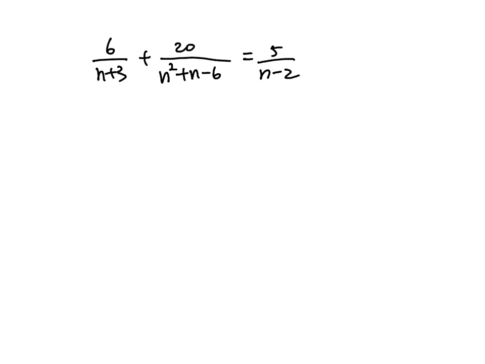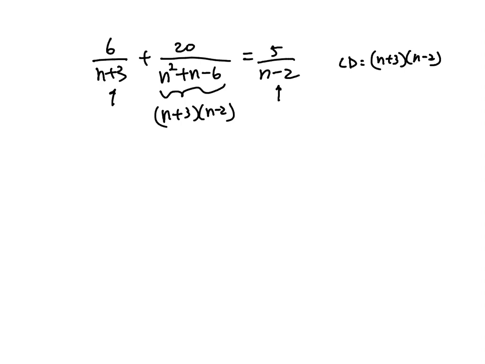I think this one actually is pretty straightforward. This is an n plus 3 times n minus 2. So that means our common denominator in this case is going to be n plus 3 times n minus 2. Okay, because n plus 3 times n minus 2 contains both of these.